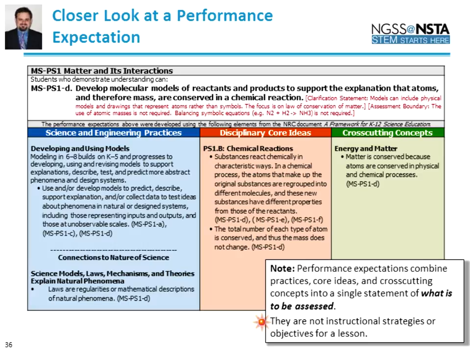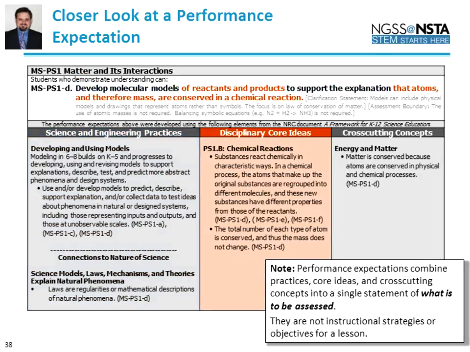Students are going to need to engage in a lot of different activities, using a lot of different practices to gain an understanding of these core ideas, these cross-cutting concepts, and be prepared to carry out this performance expectation at the end of instruction. But in assessing that performance expectation, we can find that gives an opportunity to look at the practices, developing molecular models to support an explanation.